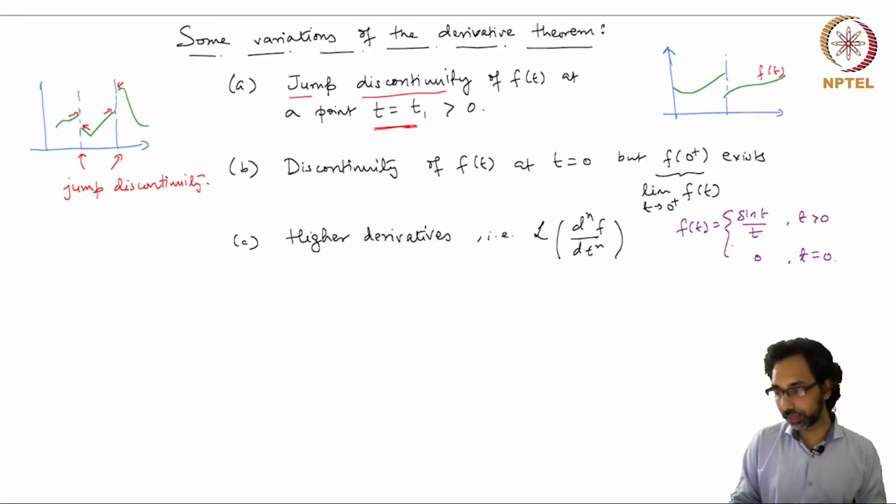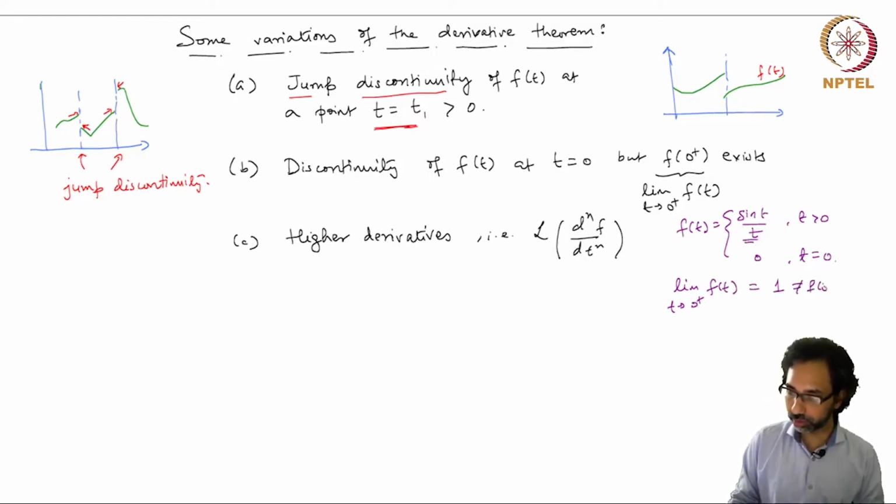Now note that the limit as t tends to 0 from the right of f(t) is 1, because this is just the limit of sin t over t, which is different from f of 0. So there is a point of discontinuity at t equal to 0.